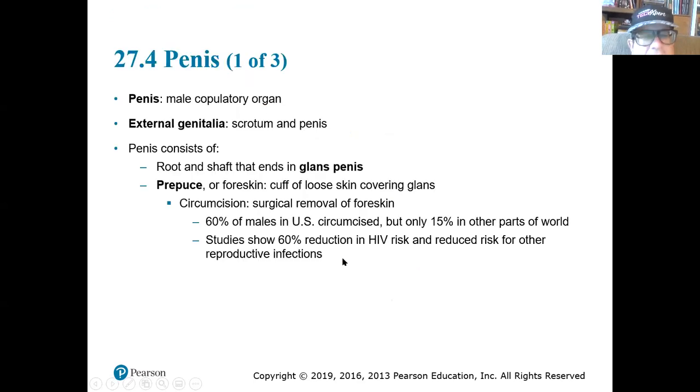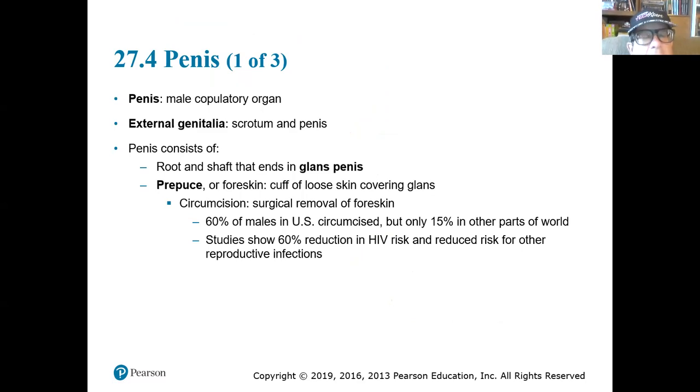All right. So the penis itself, the male copulatory organ. Our external genitalia are the scrotum and the penis, and the penis consists of a root and a shaft. The shaft ends in the glans. The glans is what people commonly call the head.